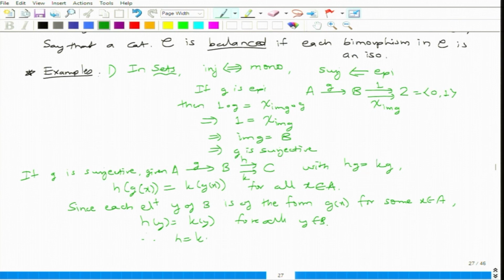Done. So actually this is if and only if. And the conclusion is that, because we know that injective and surjective together imply bijective, and bijective if and only if isomorphism, therefore Sets is balanced.